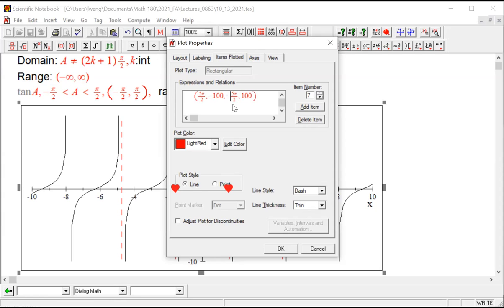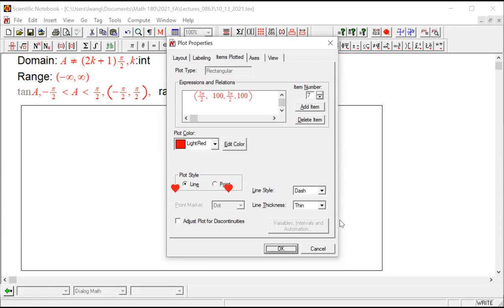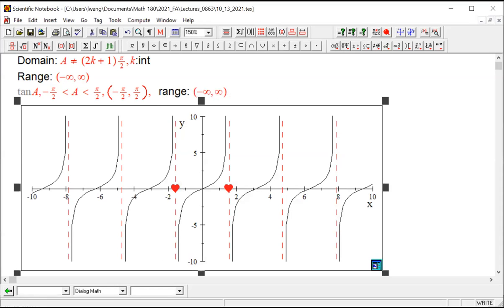So the points you need to identify. Now, all these points at heart, you need to identify the vertical line equation.